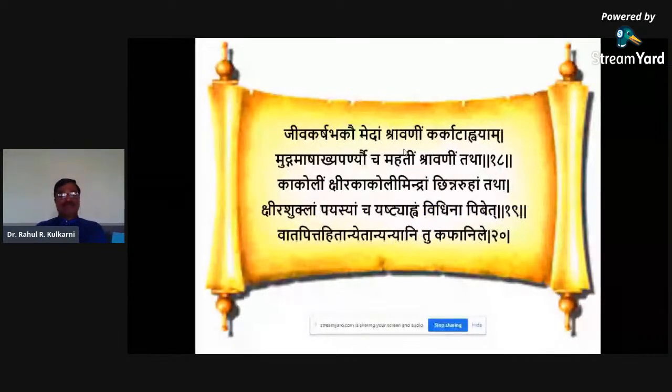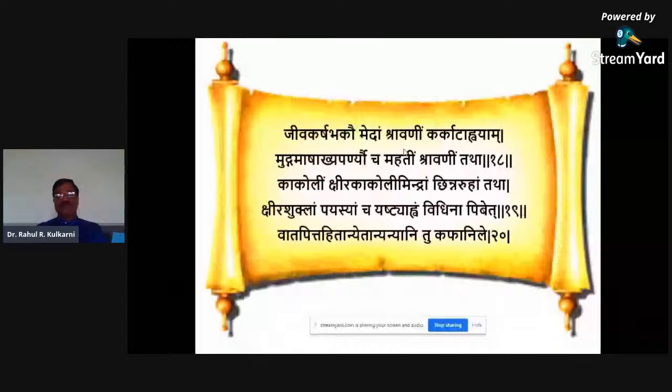Jivaka Vrishabhako Medha Shravani Karkatavyam Mudgamasha Machakya Paranaihi Cha Mahatim Shravani Tataha Kakoli Chira Kakolim Indram Chinna Ruhat Tataha Shira Shuklam Payasaha Cha Yashtyaham Vidina Pibet Vata Pitta Hitanetani Cha Kafa Anile.